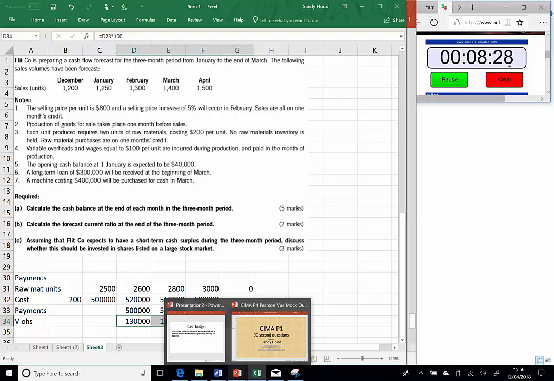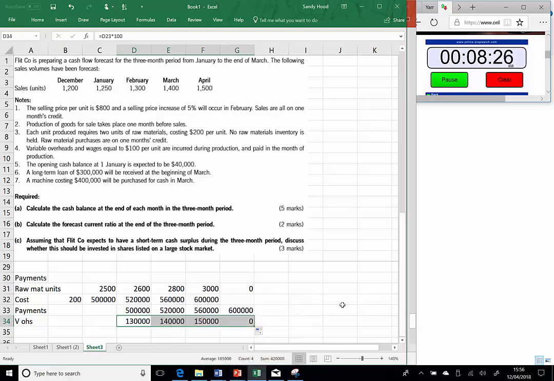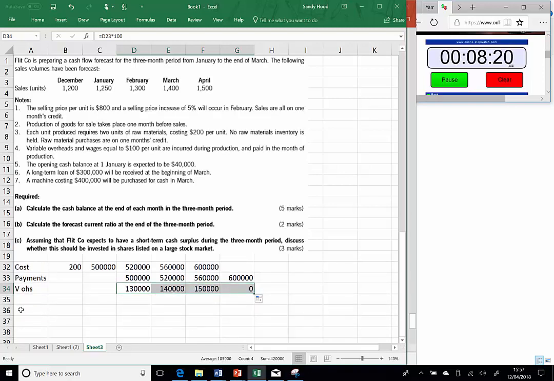Yes, I have. I'd allocated a certain amount of time for this, and it looks as if I'm taking too much. So I would now start to get myself ready for my finishing off part, which is the closing balance. Oh, sorry, net cash flow.